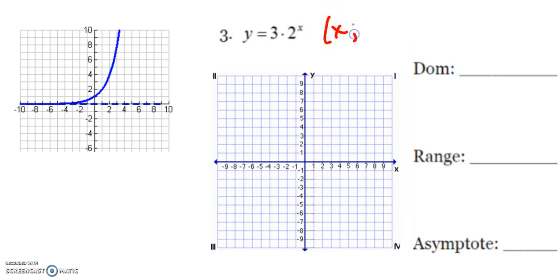So I don't change my x's. So I'm going to take every single y value from all these points that we've been using before, 0, 1, and 2, 4, and 3, 8, and multiply your y's by 3. Okay? Go ahead and fill all these in as well as your y-intercept. Pause, see how you do, and then we'll come back and discuss it.